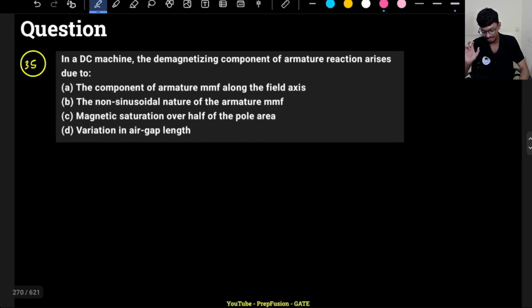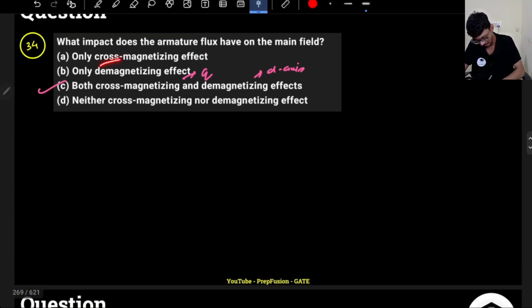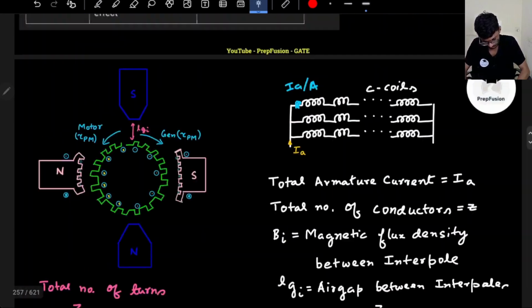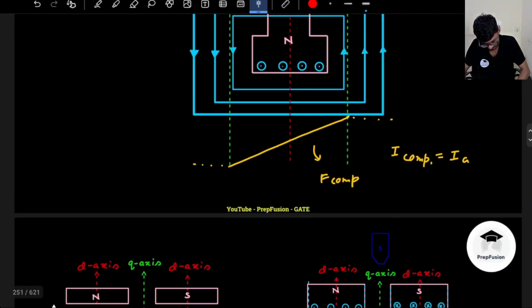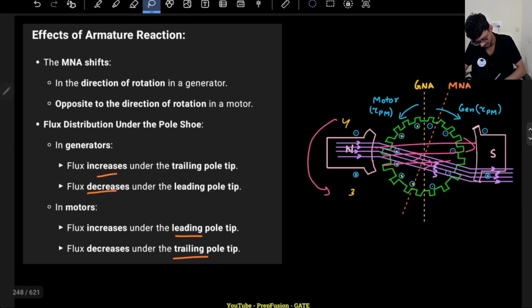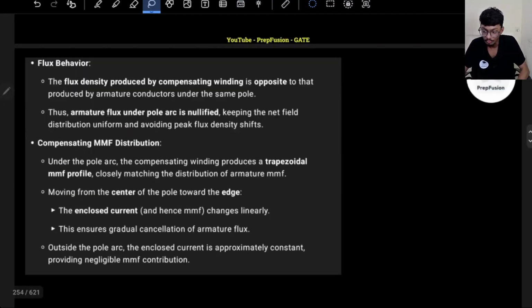In a DC machine, the demagnetizing component of the armature reaction arises due to what? So basically, I know you have a bit of doubt about how demagnetizing happens, right? Previously, if you remember, where is the picture? Yeah, here is the picture. So I'll copy this. How does demagnetizing happen?